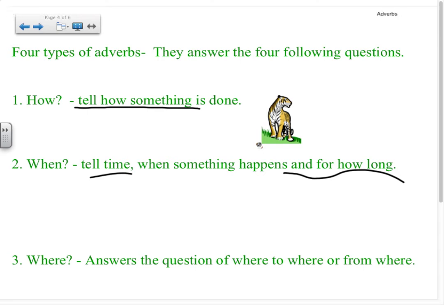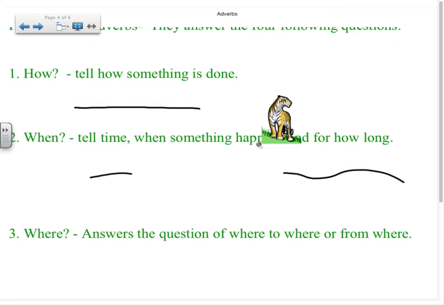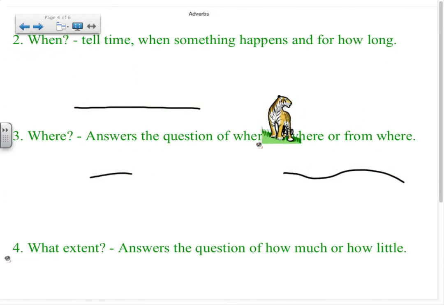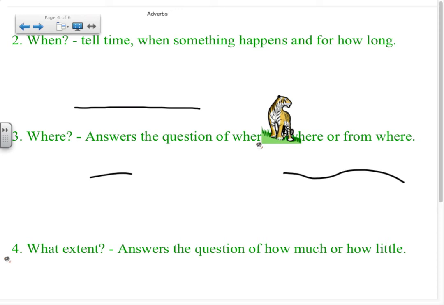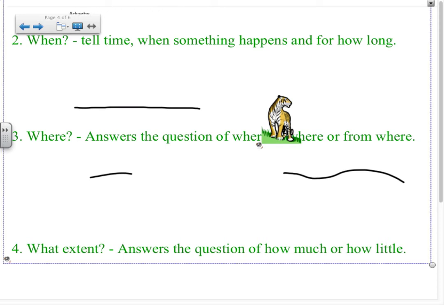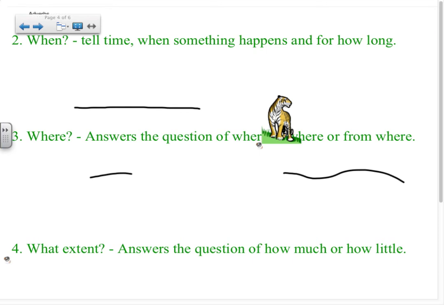Where? Answers questions of where to where, from here to there, or near to there. And I think I'm missing my 4th one. Oh, but there it is. To what extent? Answers the question of how much or how little. This seems like it was a little too much.